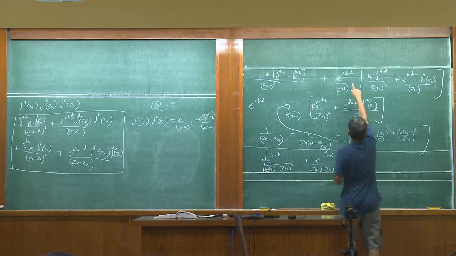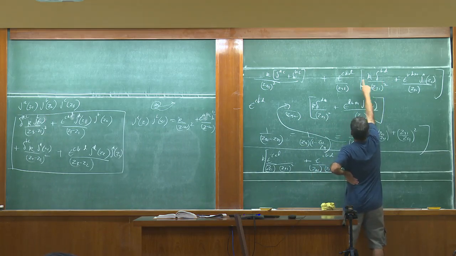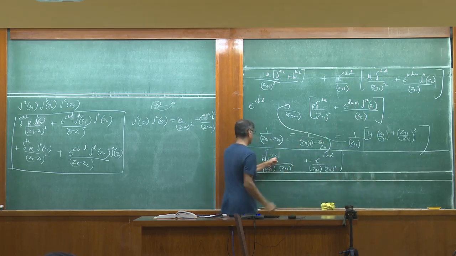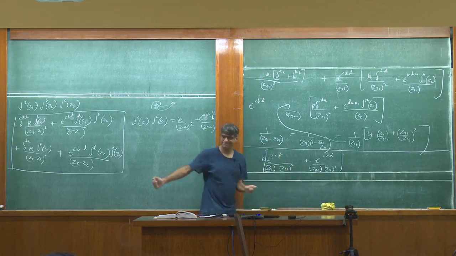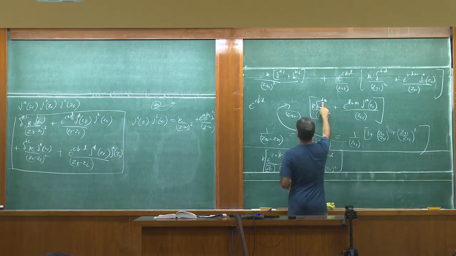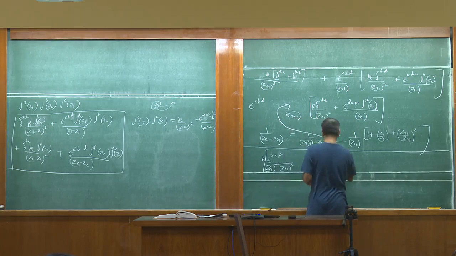Right. So this one is just, the delta tells us that we replace D with B. So this is CAB. Okay? And in the second one, the delta tells us we replace D with A. So this is CBA.